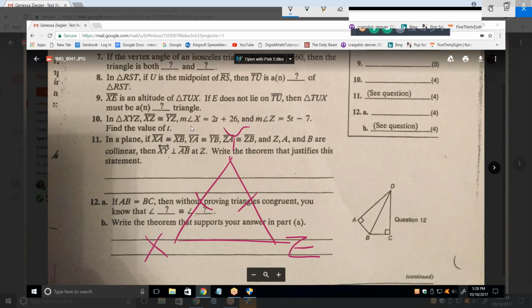And the measurement of angle X is 2t plus 26. The measurement of angle Z is 5t minus 7. How do I solve for t? Aren't they equal? Correct. So 2t plus 26 equals 5t minus 7.